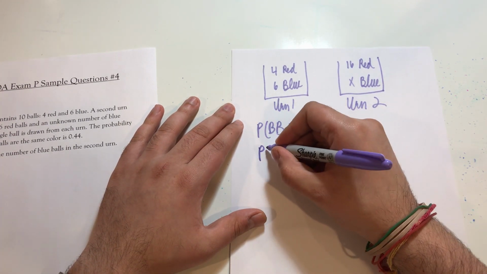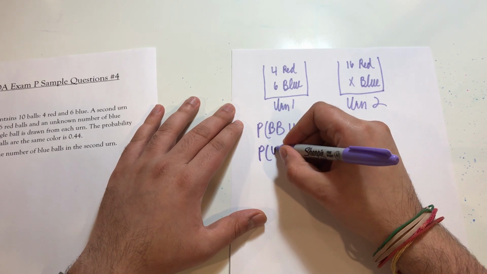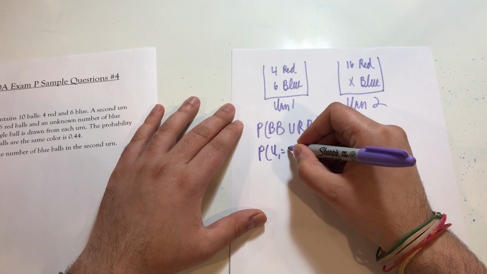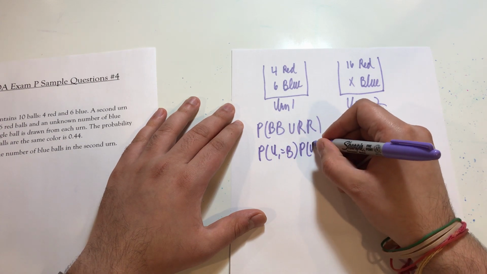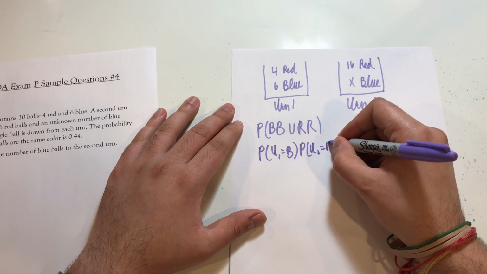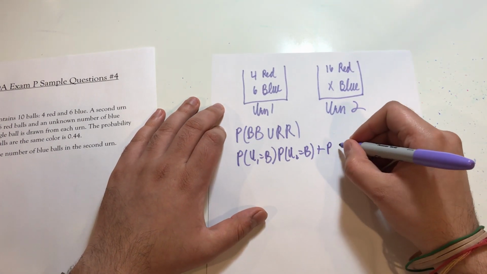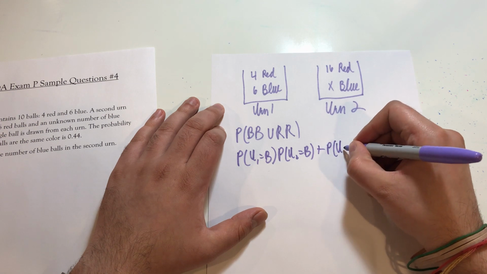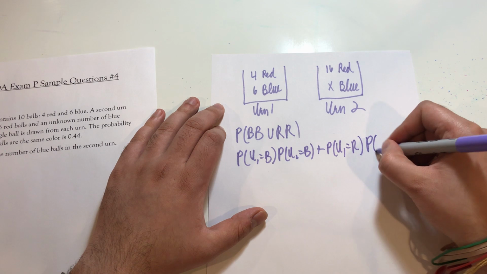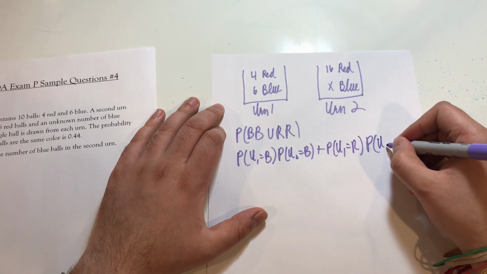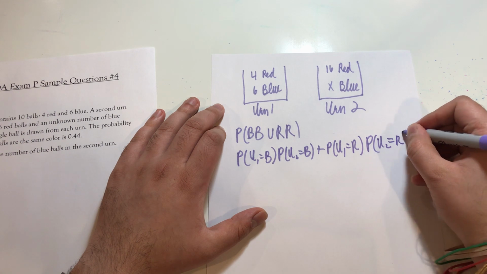We're looking for the probability that urn 1 gives us a blue ball times the probability that urn 2 gives us a blue ball, plus the probability that urn 1 gives us a red ball and urn 2 gives us, sorry, a red one.